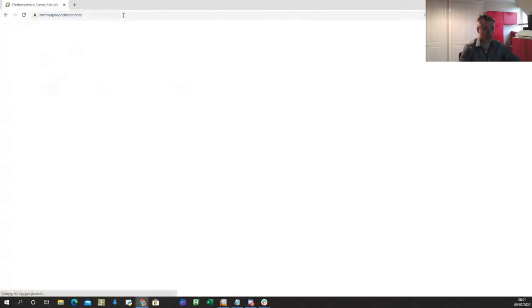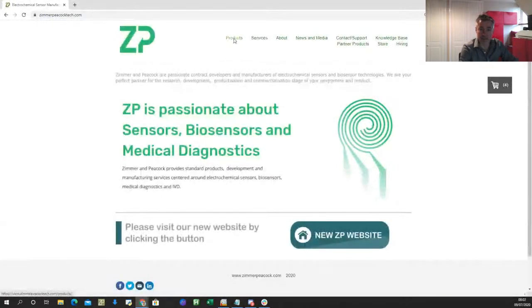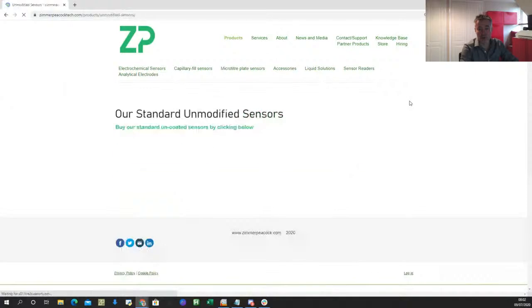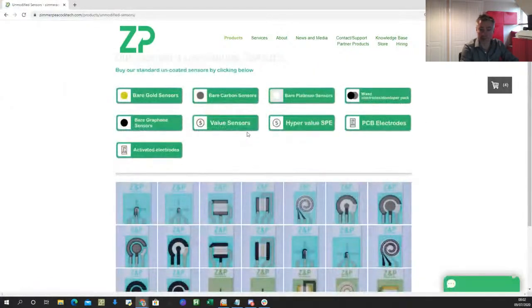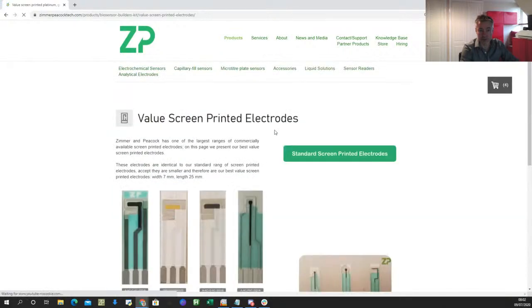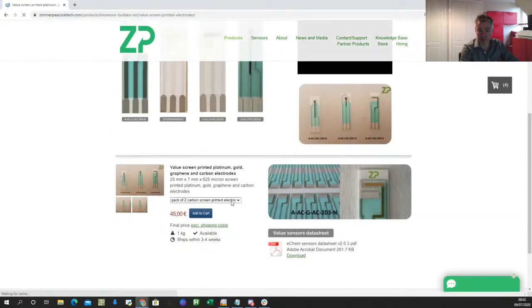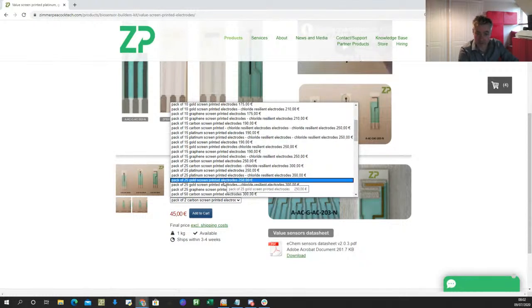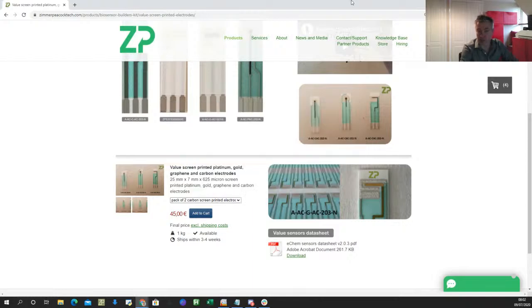For example, we provide screen printed electrodes. We have quite a large range of them, and you'll be able to use your membership to get 5% off those. So you can go into the value sensors, decide that you want a pack of 20, maybe 25, and then you can get 5% off that, which is about 12.5 euros.